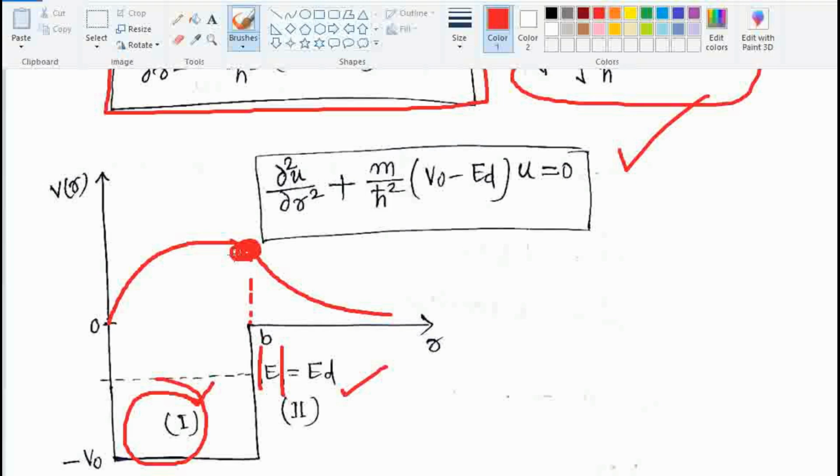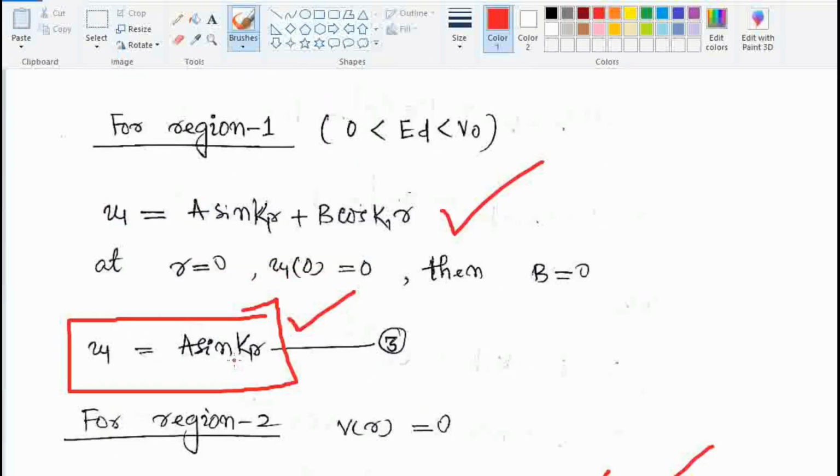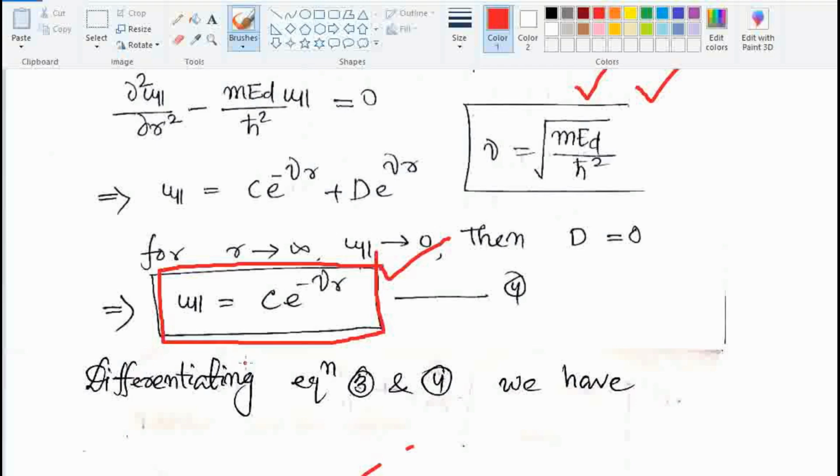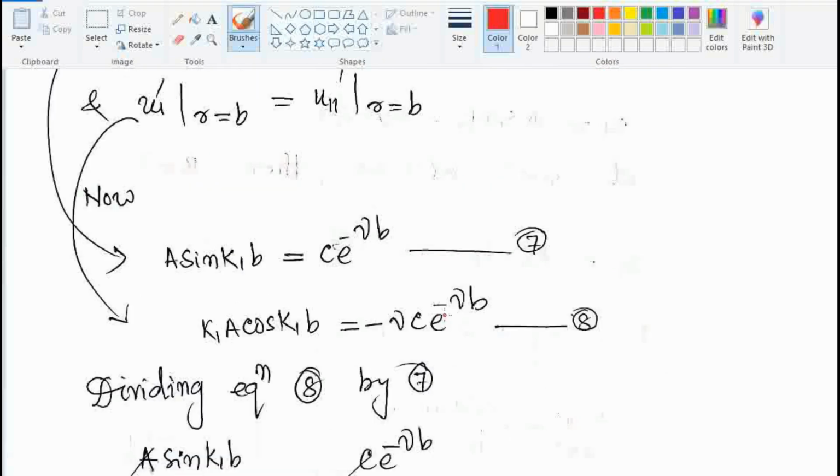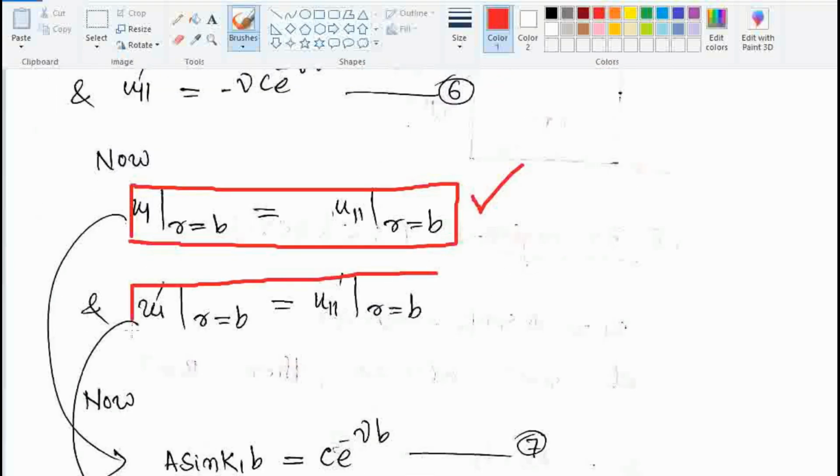And its first derivative is also continuous. The wave function is sine kappa 1 r on one side, and C e to the power minus gamma r on the other, both are equal. If they are not equal, that means they are diverging from each other. There is another condition, that the first derivative should be continuous.